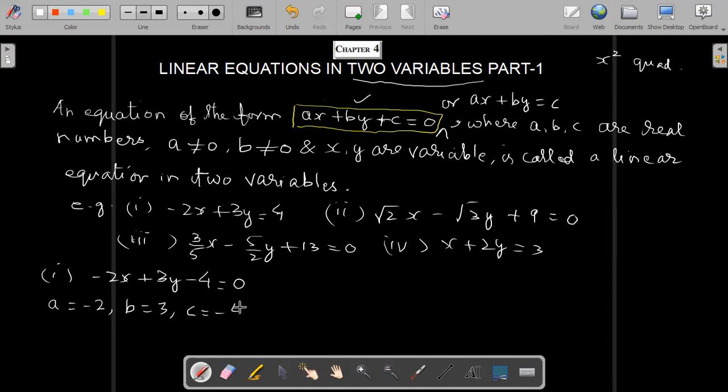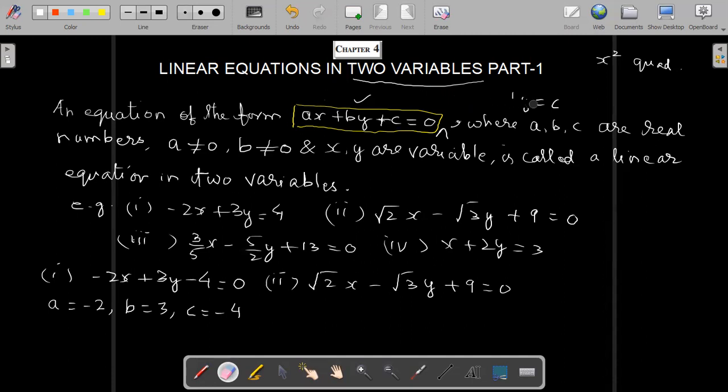So like this we can write a, b, c for each equation. For root 2x, first transpose all the terms to the left hand side and then you can take them. We are not following the other format in CBSE, although it is also a linear equation.